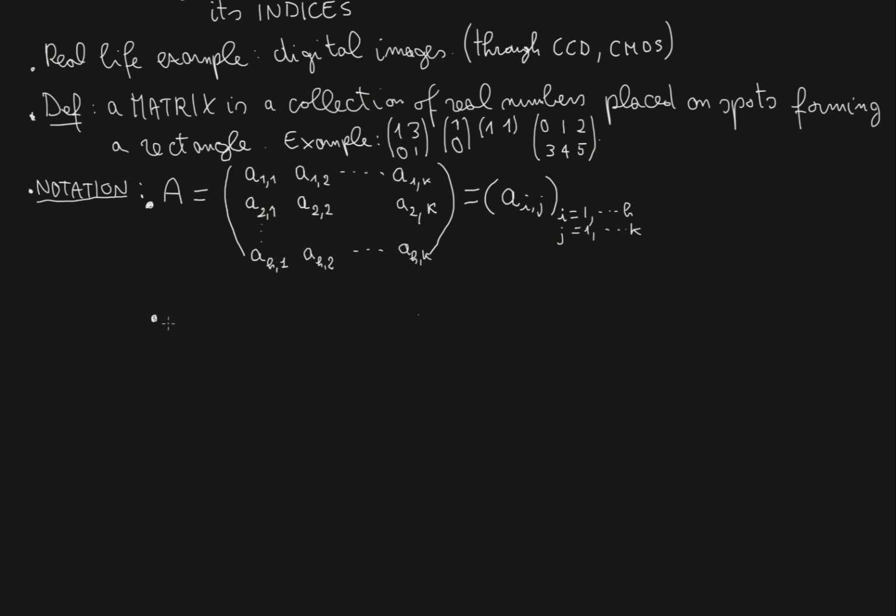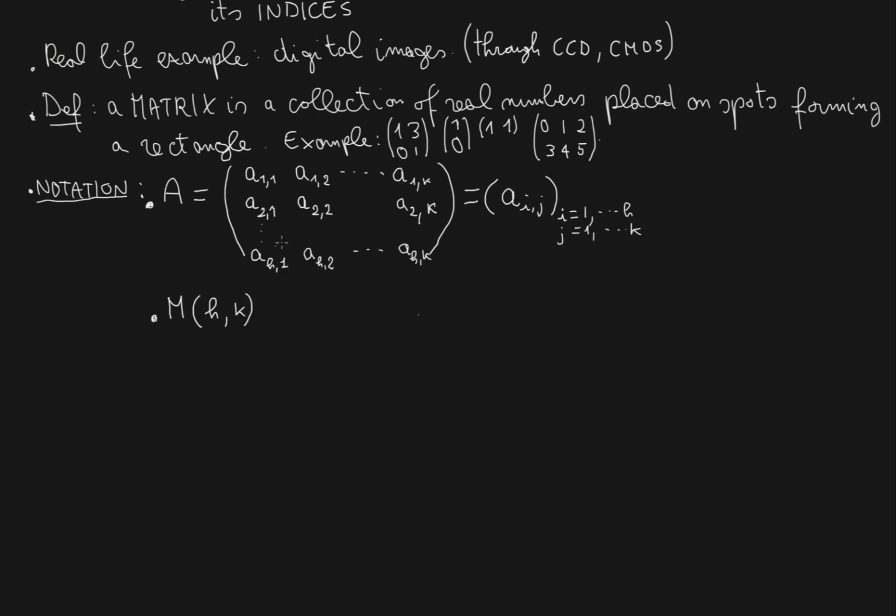It is useful to introduce a compact form to denote this set, because this set will be appearing many times in these lectures. So we will denote by M, and then we open a parenthesis and we write the number first of rows, let's say h, and then the number of columns k.